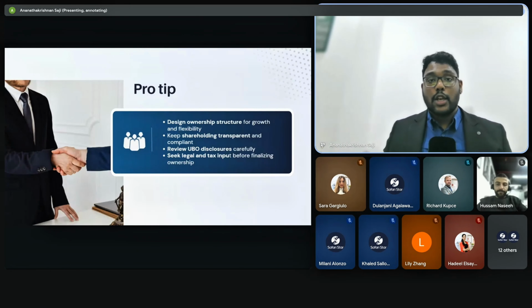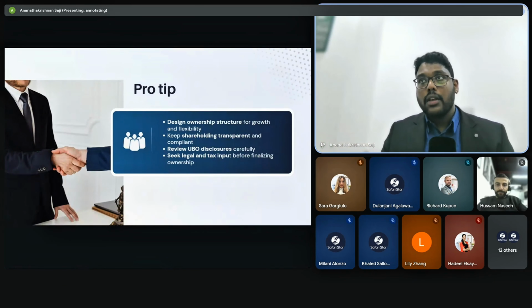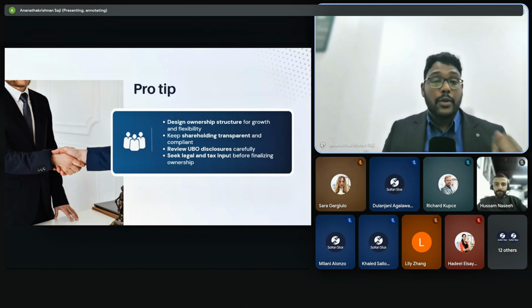And also, let's say you have another partner as well. There is one more thing that I would like to add to this. All the memorandum of association or articles of association are in a very standard way, so you cannot make certain amendments to it. But what you can do, if you're a free zone company, is write a board resolution and get it attested by the licensing authorities.